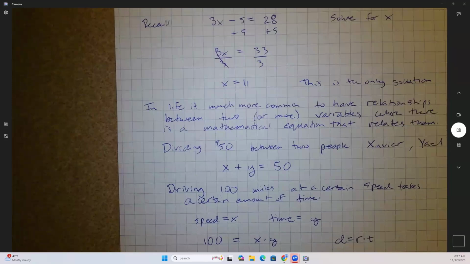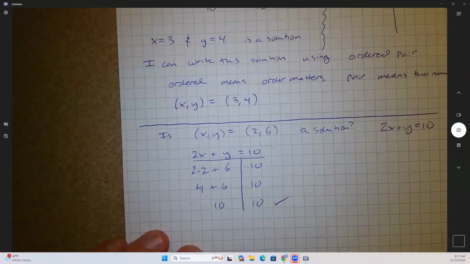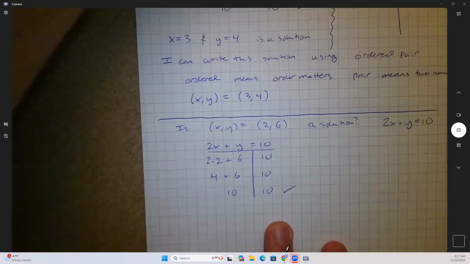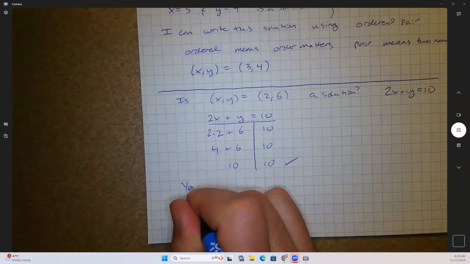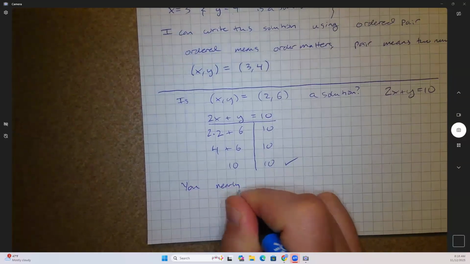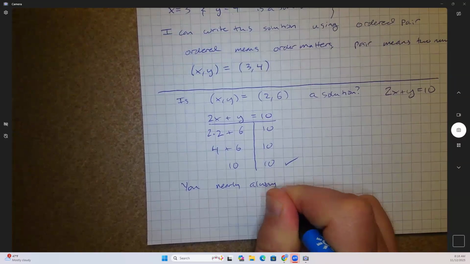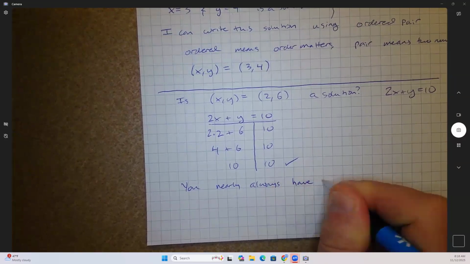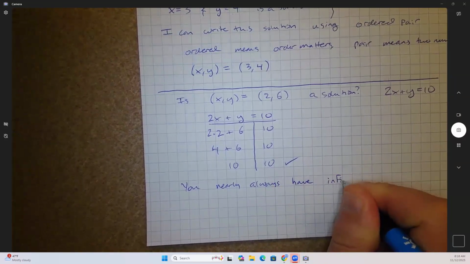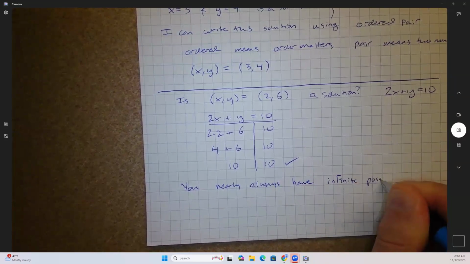But as soon as you give yourself two variables, you nearly always have infinite possibilities for the solutions.